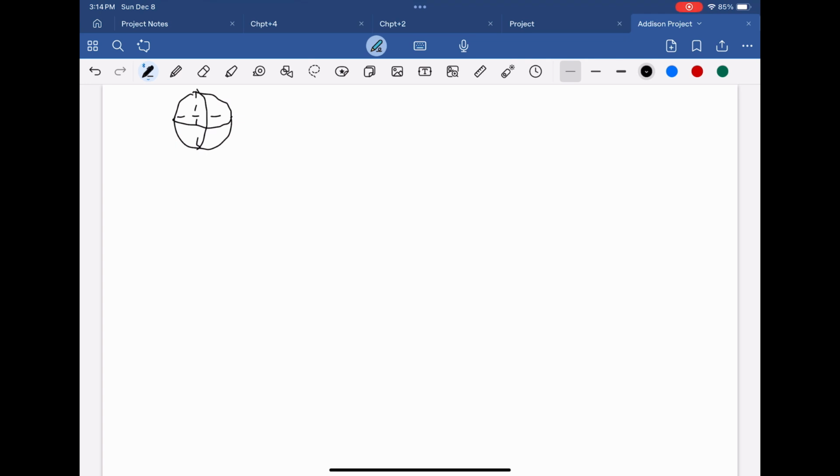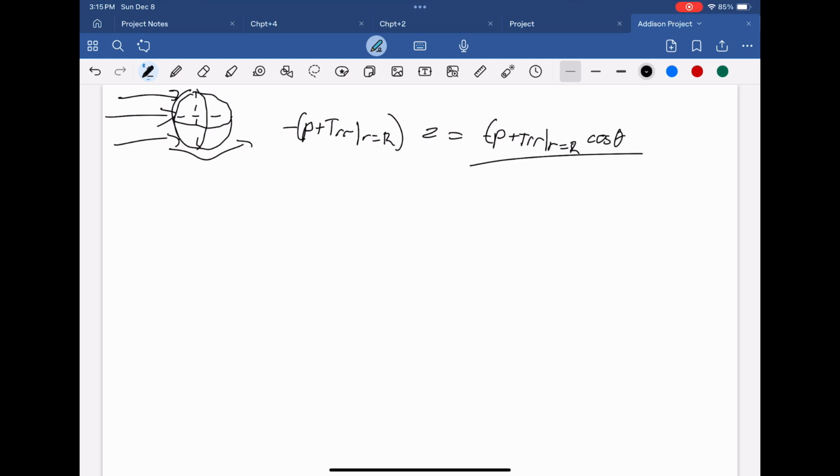So at every point on the surface of this sphere, we have force per unit area of negative P plus tau RR, where r is equal to big R. And for this force per unit area, we need to find the z component of the force. The z component of the force is going to be equal to negative P plus tau RR, where r is equal to R, times cosine theta for the angle.